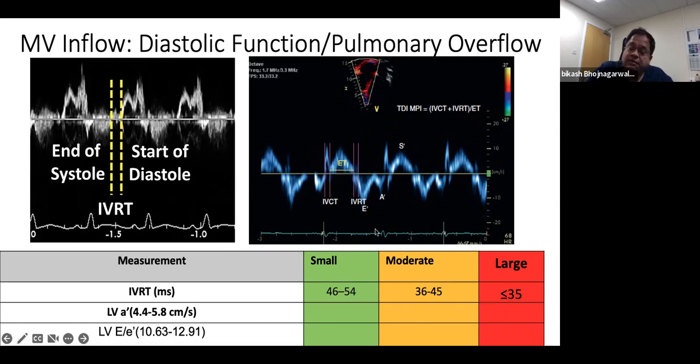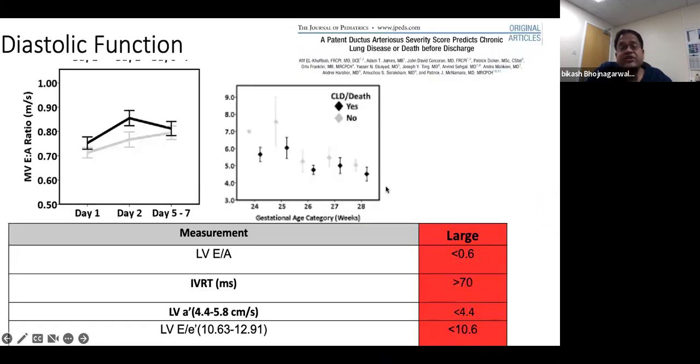Again, at the same time, you do your A prime. When you do tissue Doppler, I think Neil has done a talk on diastolic function. I'm not going to discuss diastolic function in detail, but we can measure your A prime as well as your E/A ratios, and they're significant measures of your diastolic function.